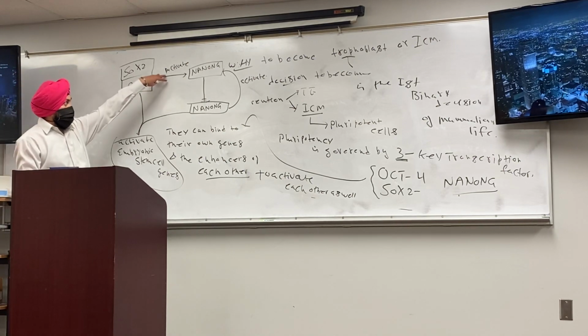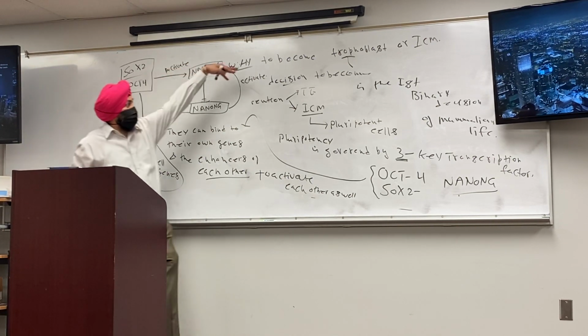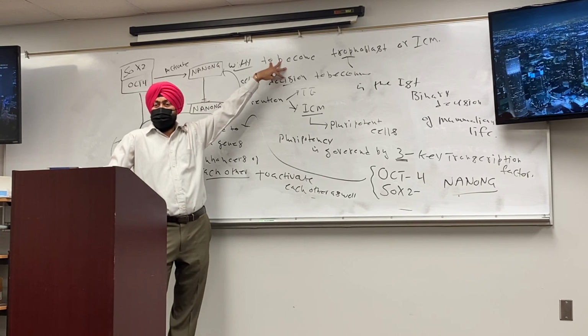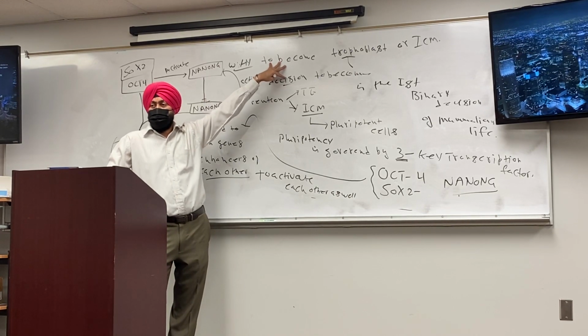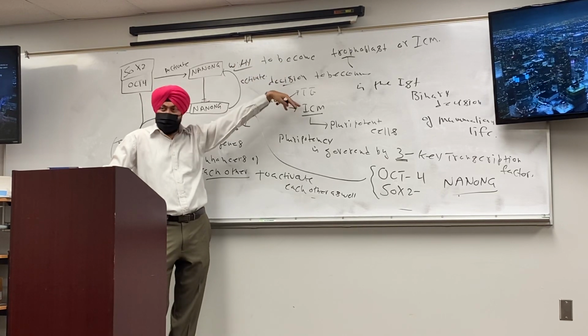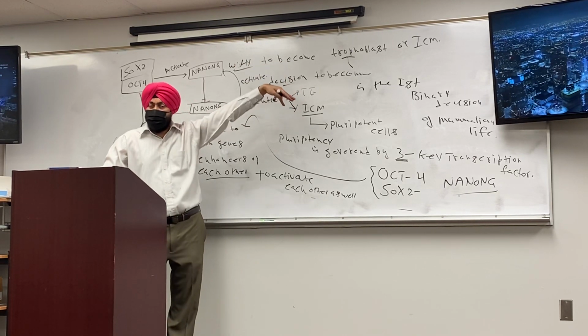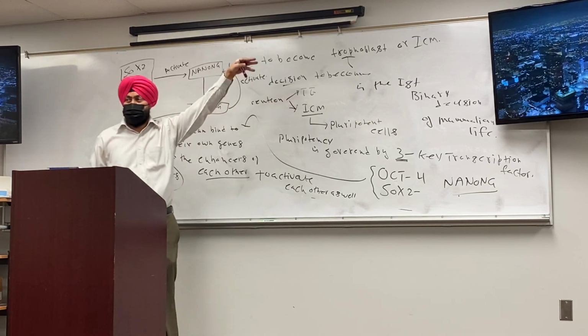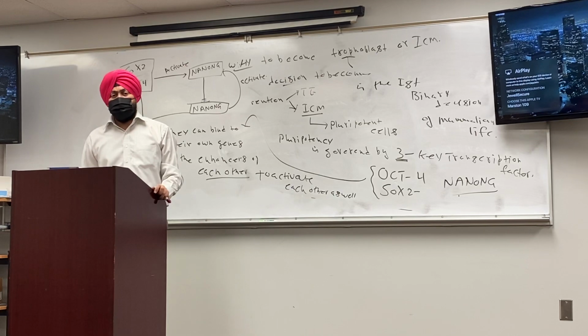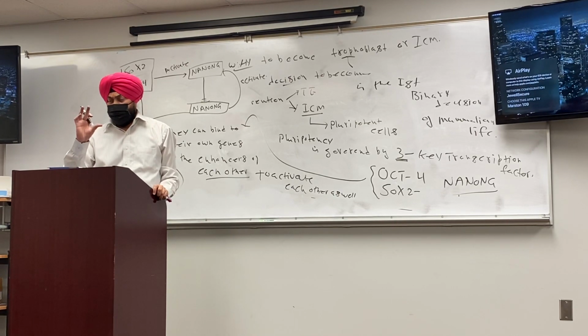We still haven't talked about how that decision occurs, right? We are saying that is the critical decision, whether you want to become ICM or trophectoderm. But to be ICM, to be inner cell mass, you should maintain the pluripotency. What is a stem cell? This is important to understand.